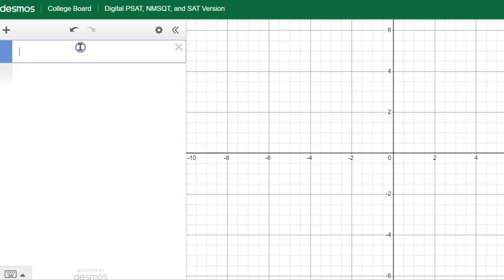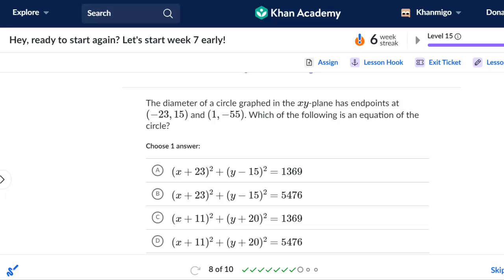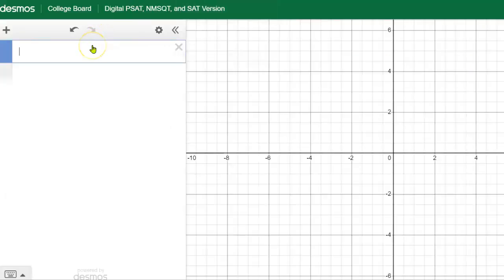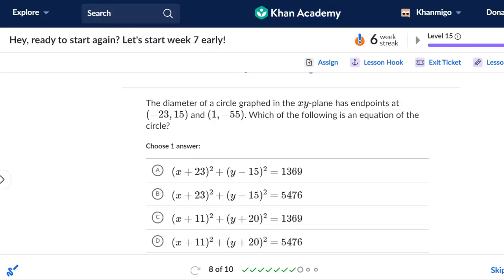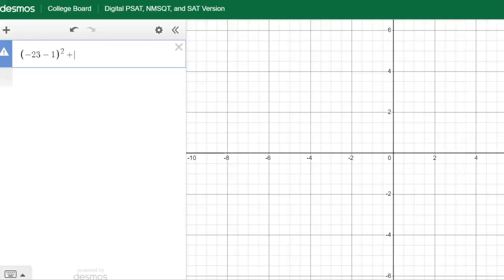All right, distance formula, x1 minus x2, -23 minus 1, squared, plus y1 minus y2, 15 minus -55, which is 15 plus 55, squared.